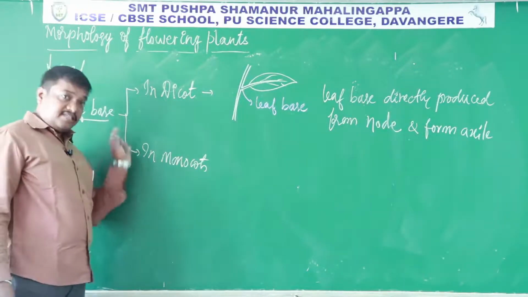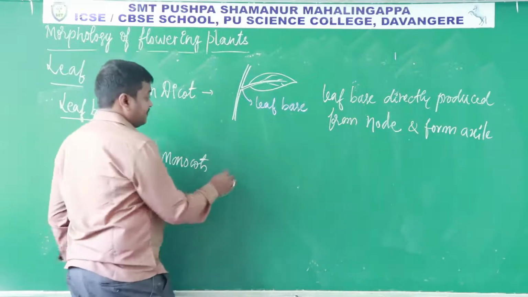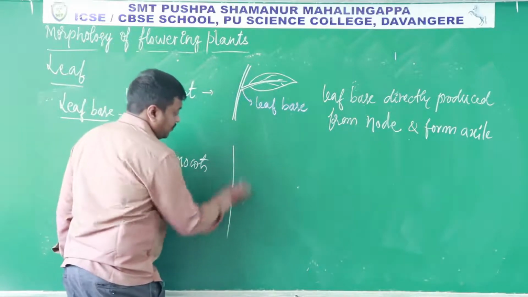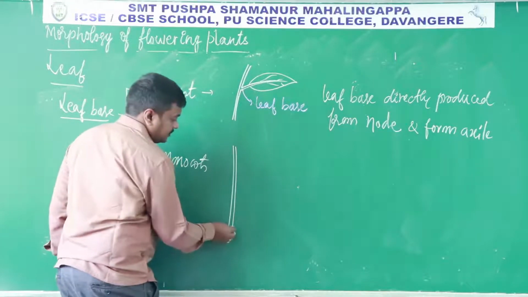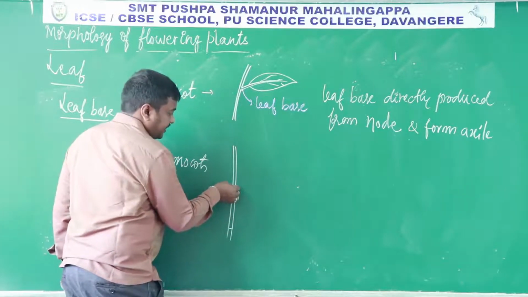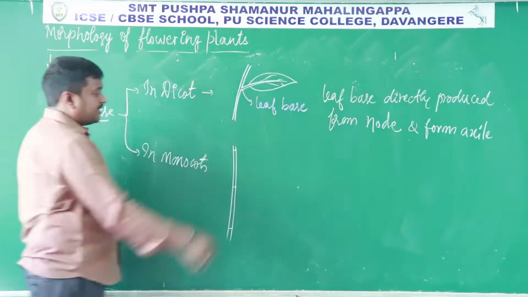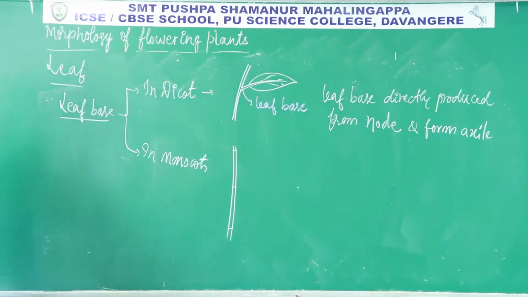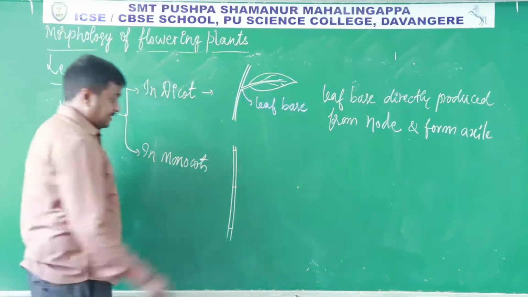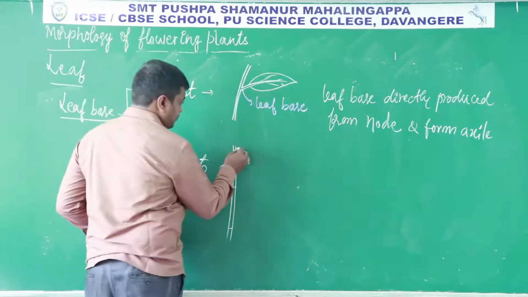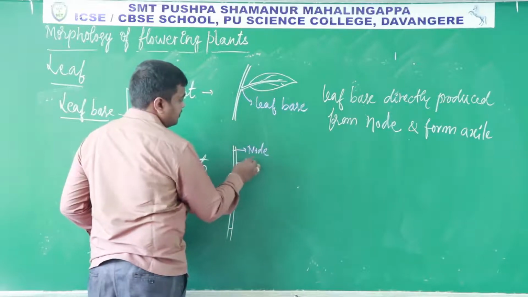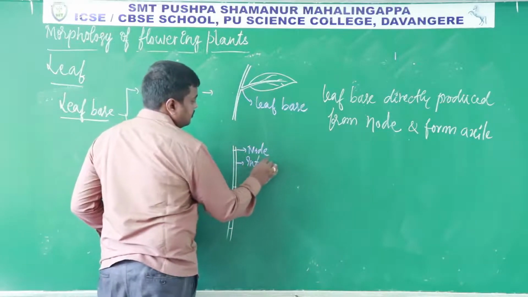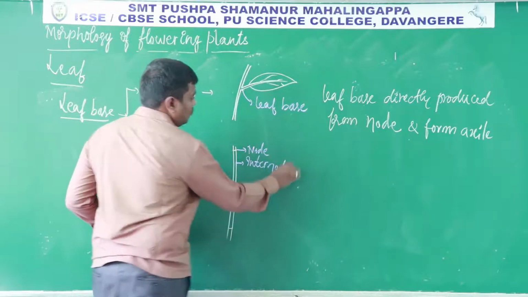But in case of monocot, it is slightly different. In monocot we can clearly see nodes and internodes. Okay, nodes and internodes are clearly visible. So this is the node and this is the internode.